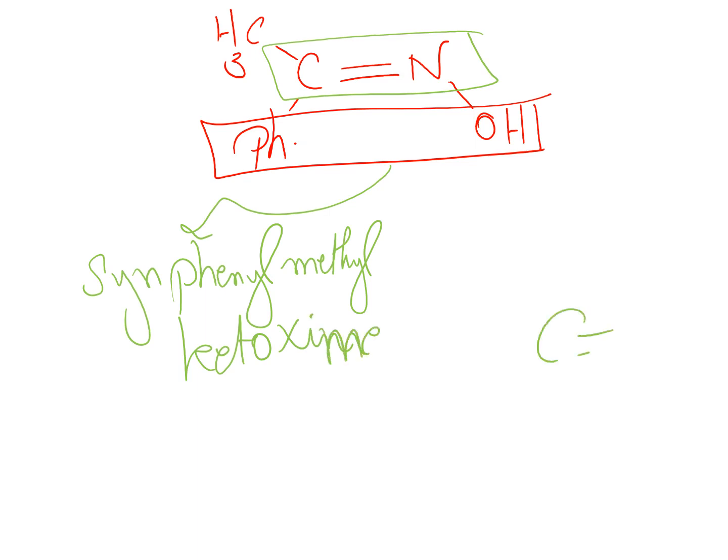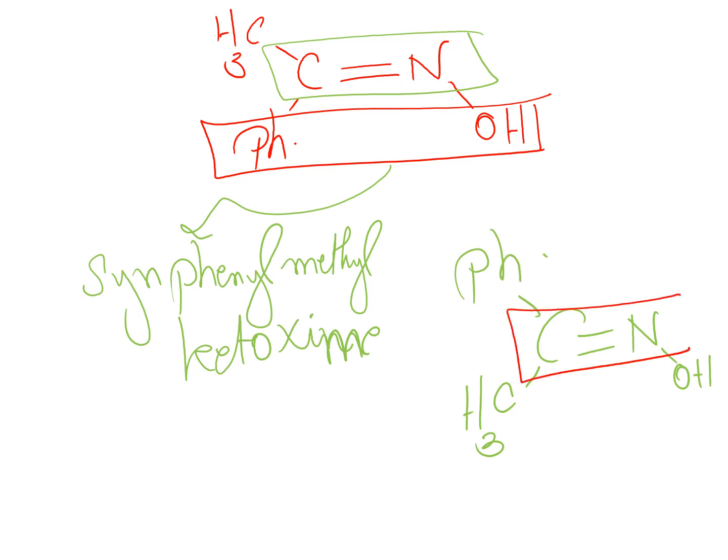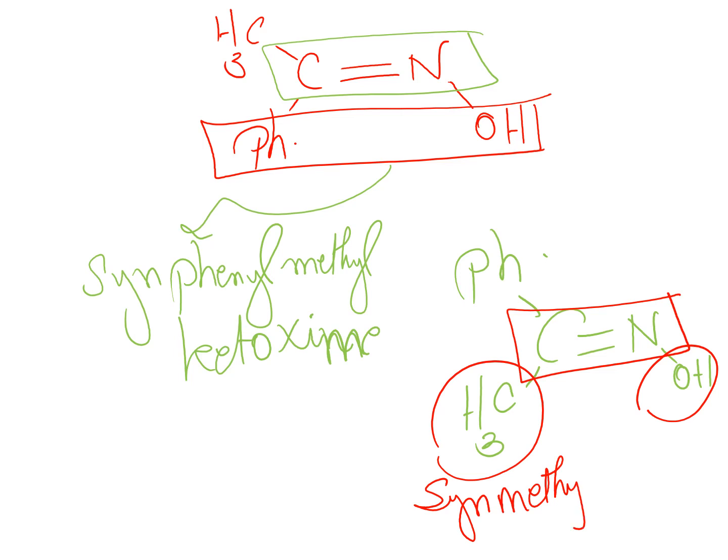However, if you have the other derivative, where you have the OH and the methyl on the same side of the double bond, then this is the syn-methyl, and then you mention the other group, which is the phenyl ketoxime.